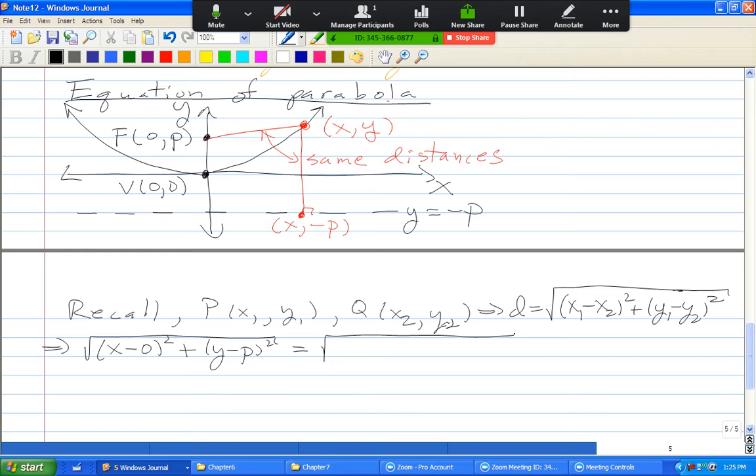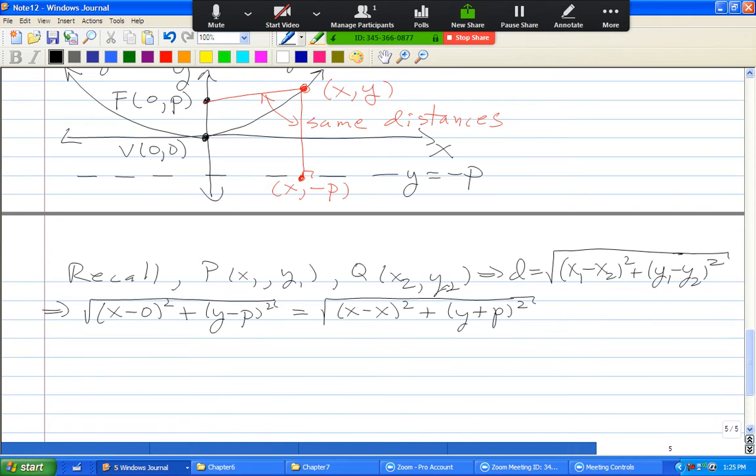And the distance of the other one is, well, x minus x squared plus y minus a negative p squared. Square both sides of the equation, and so you get x squared plus, let's multiply this out, y squared minus 2py plus p squared equals 0 squared plus, well, y squared plus 2py plus p squared.